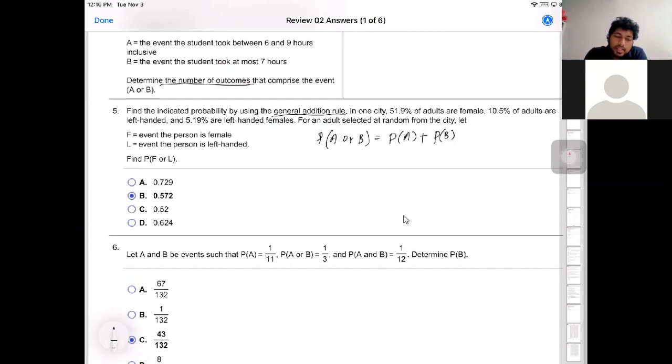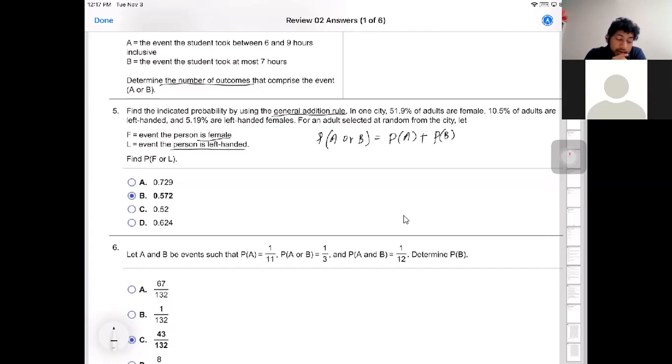In one city, 51.9% of adults are female, 10.5% of adults are left-handed, 5.19% are left-handed female. So event F means the person is female, event L means the person is left-handed.